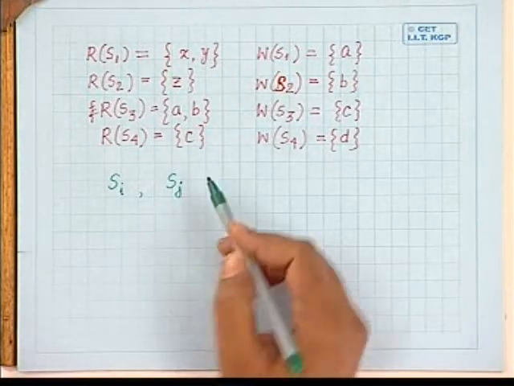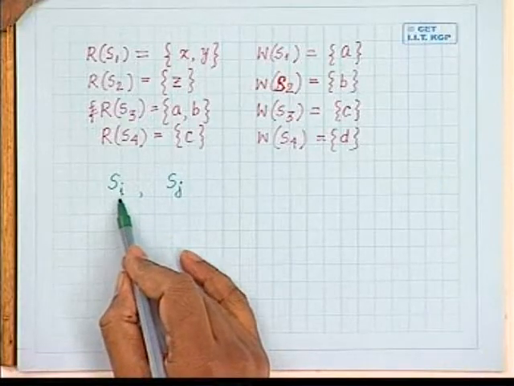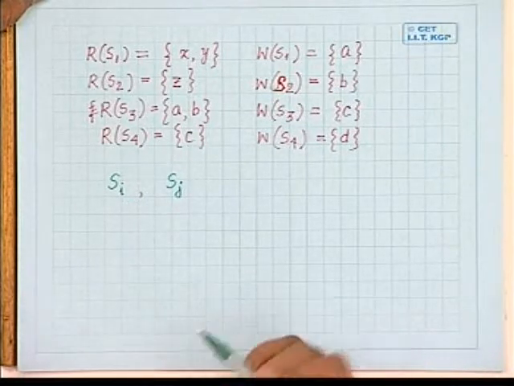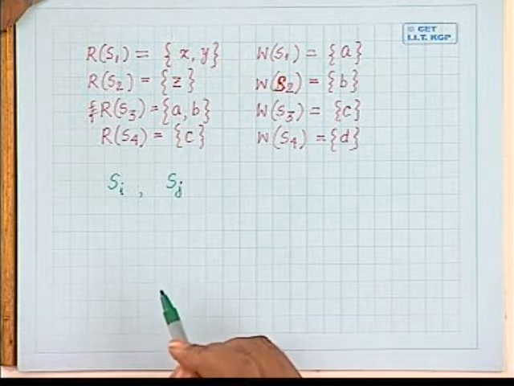By studying these, we can conclude that these two statements Si and Sj can be executed concurrently provided the write set of one does not intersect with any of the sets of the other one, and vice versa.